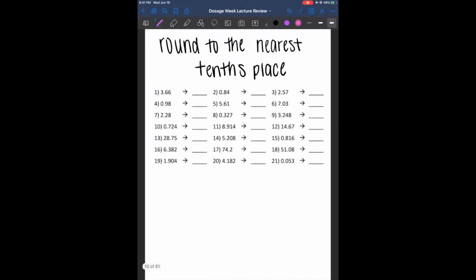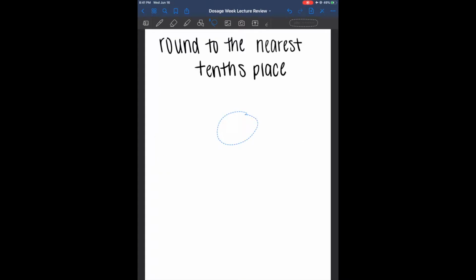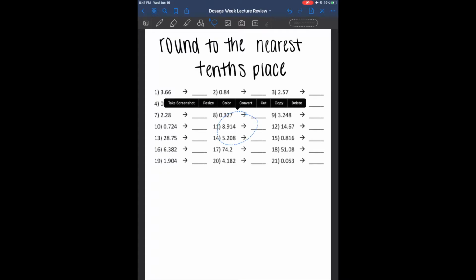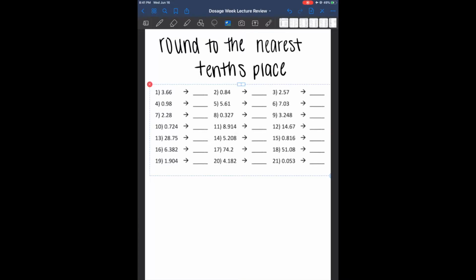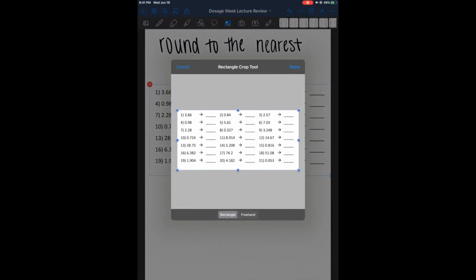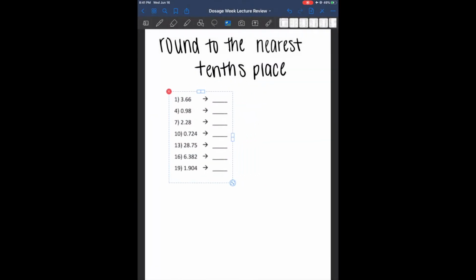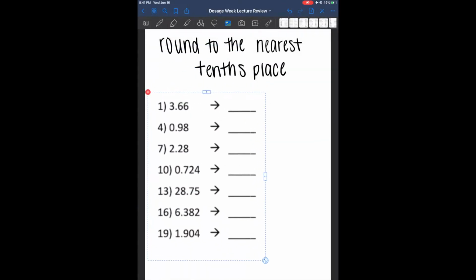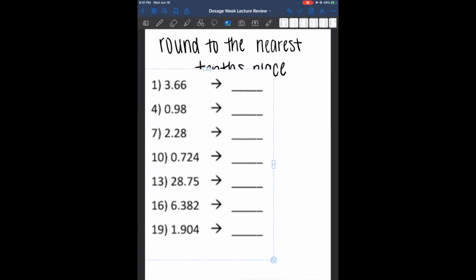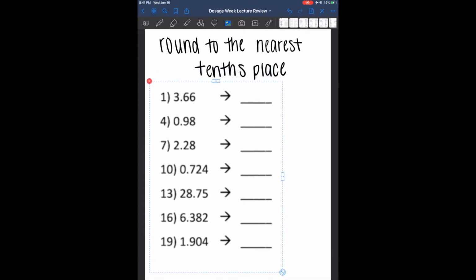Now, rounding to the nearest tenth. Let's just work a few of these, not all of these. Let's cut some of these off here, that way we have some room to work. So, look in here.